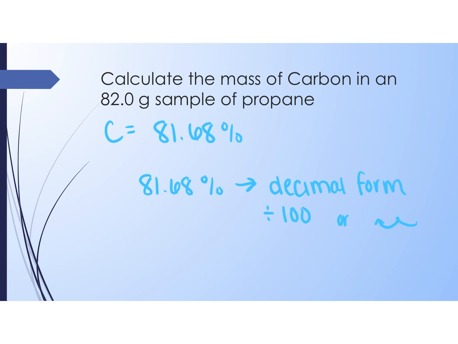Okay, so then what does 81.68% become? Okay, so it becomes 0.8168. Okay. So then now all we have to do is take our sample of 82.0 grams and multiply it by 0.8168.